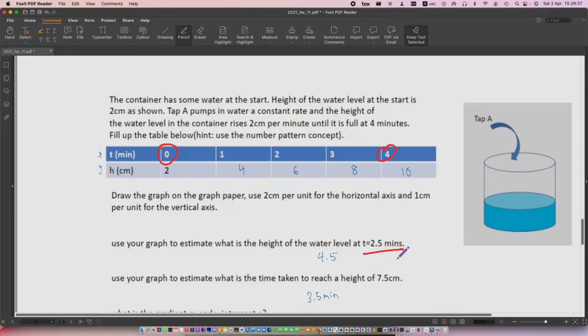Is it straight or not? Okay. So what's your H? 7. Okay, so the answer is 7. The height is in cm. So it's 7.5 cm.